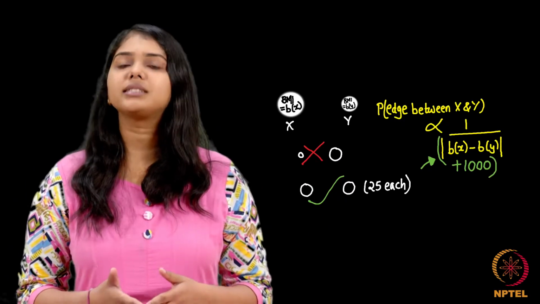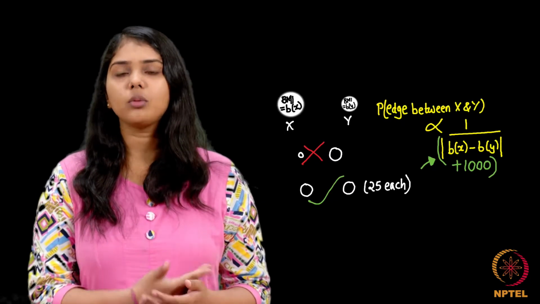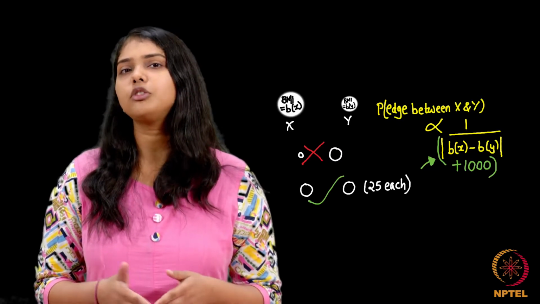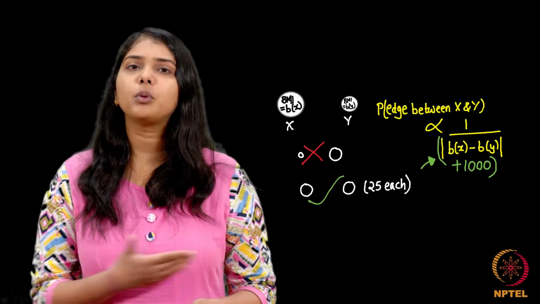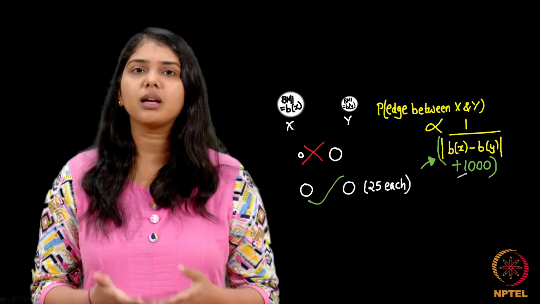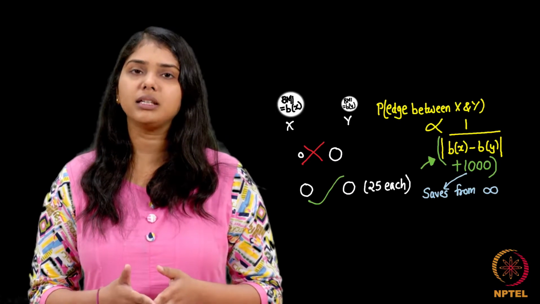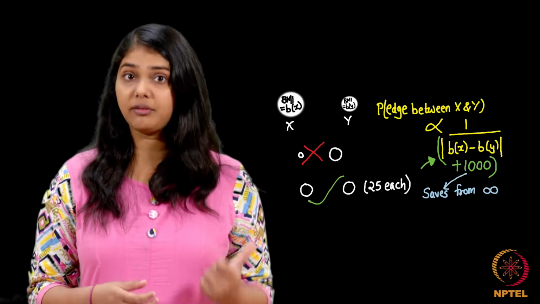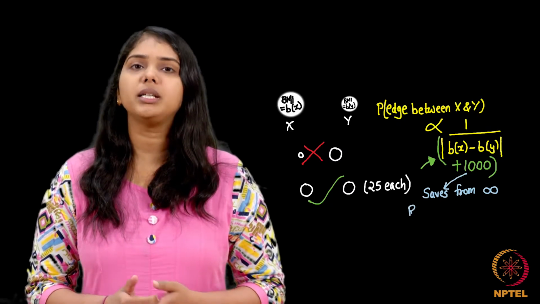Why do we add an extra factor of plus 1000 here? If we do not have 1000 here and let's say the BMIs of two people are equal, let's say 25 each, then the probability of them becoming friends becomes 1 by 0, which is infinity. So the 1000 not only helps us deal with this infinity issue, it also reduces all the probabilities.